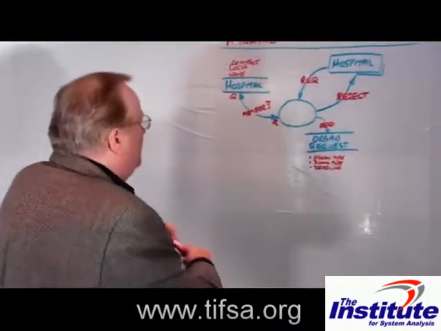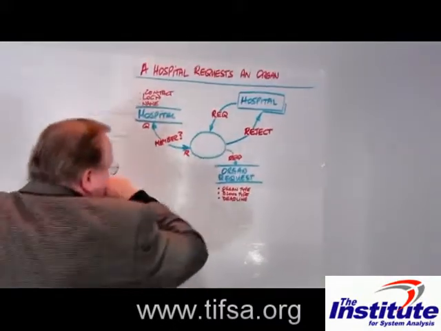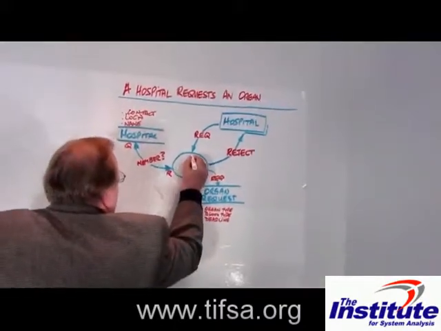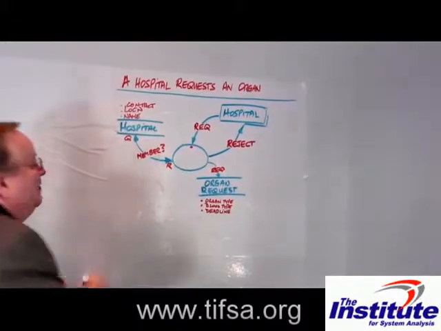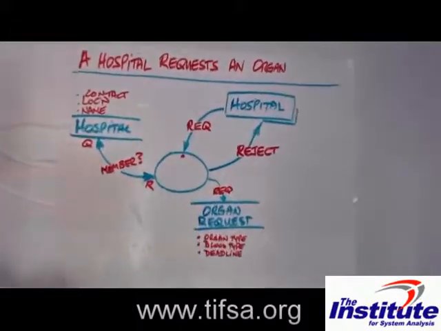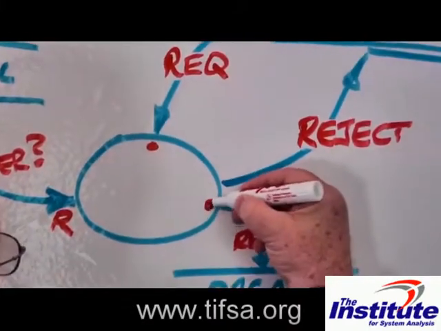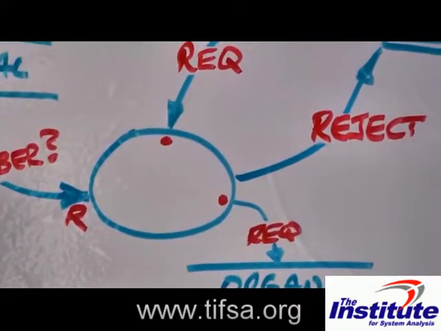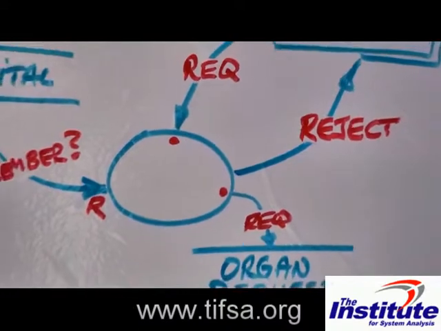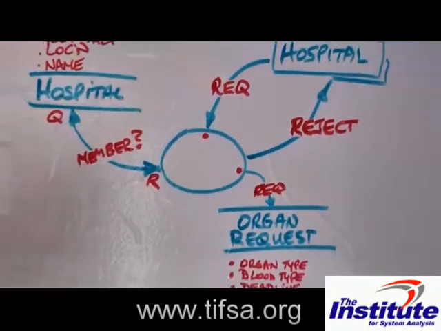So I can write the narrative at this point. Remember earlier I said that for every data flow coming in to the process and for every data flow going out from the process, we have to have a task, a statement that says what the task is.